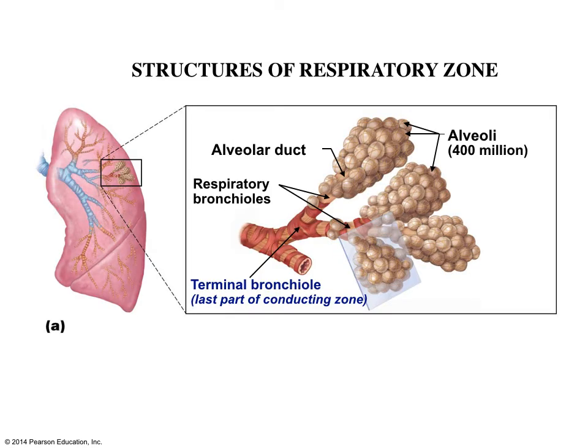At the end of the conducting zone, which has no alveoli and terminates as the terminal bronchioles, we have the beginning of the respiratory zone, which contains alveoli for gas exchange. The first component of the respiratory zone would be in the form of respiratory bronchioles, which ultimately lead to individual alveoli.